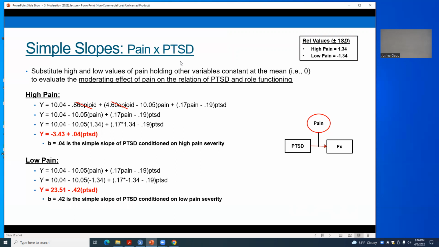So at high levels of pain, we have what appears to be a small positive effect of PTSD on role functioning. At low levels of pain, it looks like we have a moderate negative association. Now, these are all unstandardized coefficients, so who knows the actual magnitude of these, but this is a smaller number than this, okay?